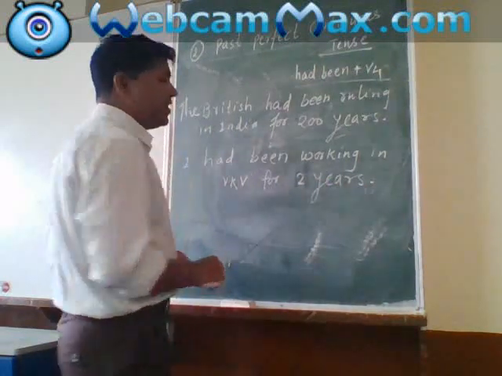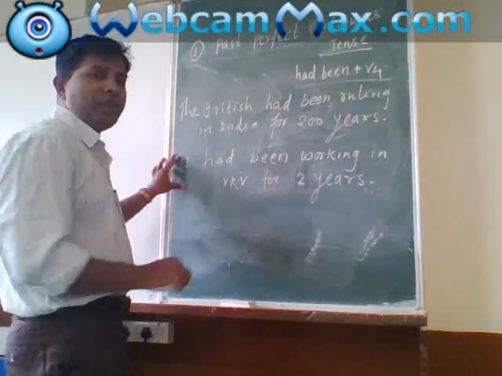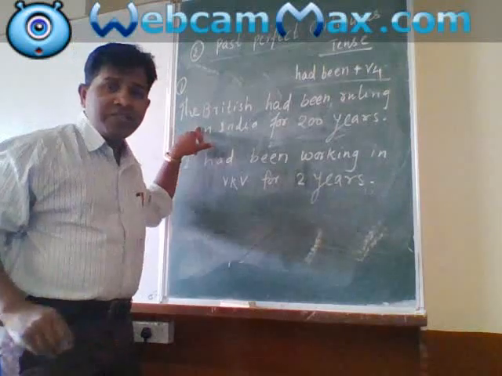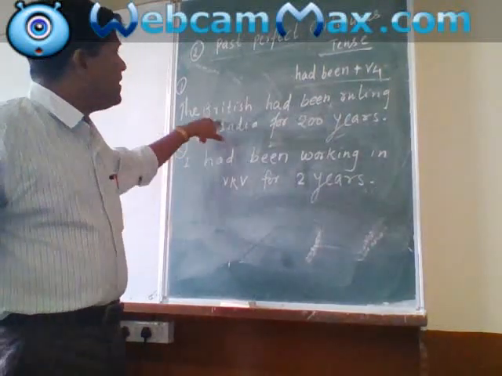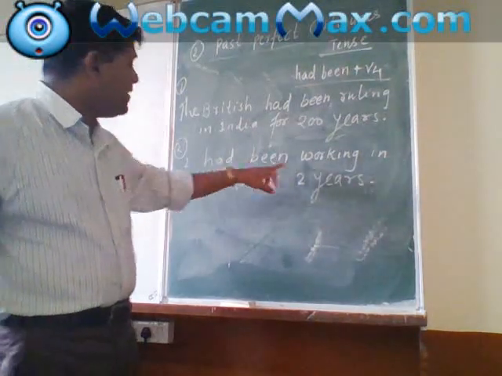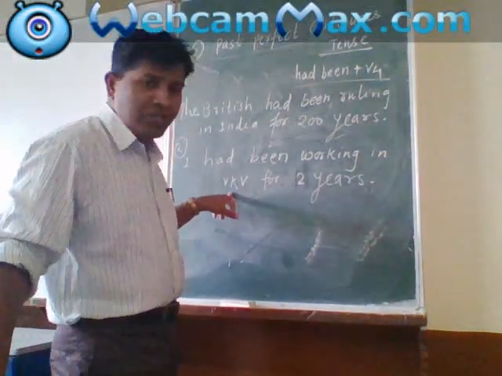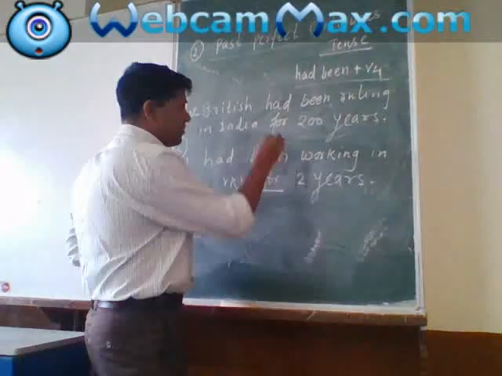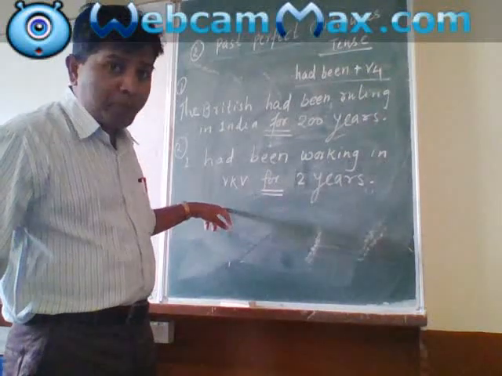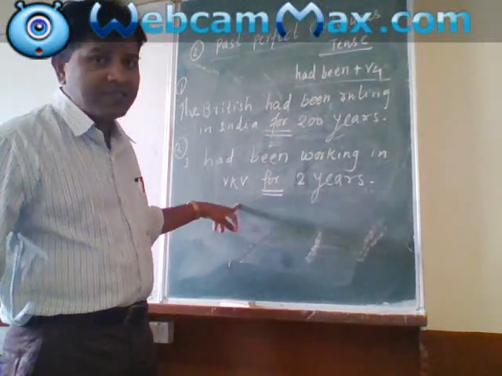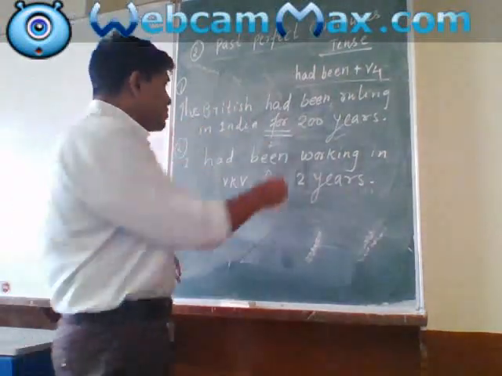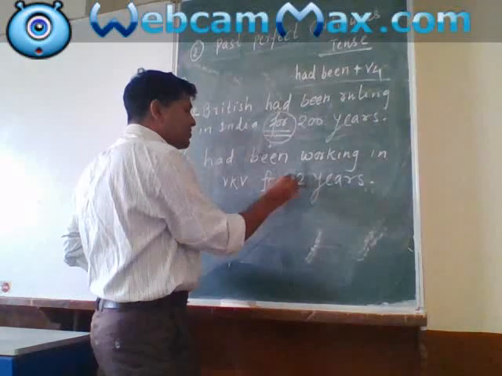Now these are the examples of past perfect continuous tense. And when you read out these sentences, the British had been ruling in India for 200 years. I had been working in VKV for 2 years. Then, for this preposition, it comes in the past perfect continuous tense. So you must know which preposition comes in the past perfect continuous tense.